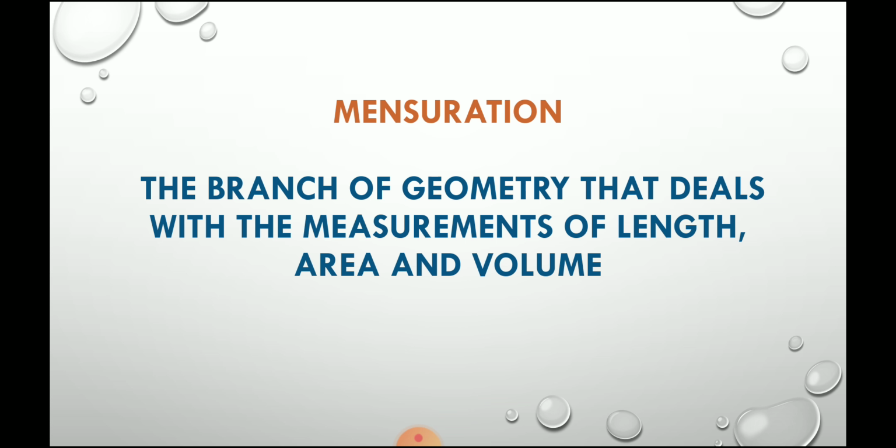We know lots of shapes like a square, rectangle, triangle, pentagon, hexagon, but we just know the sides and how many corners. In this session we are going to learn about perimeter and area, these kinds of mensurations. Okay, let us see.